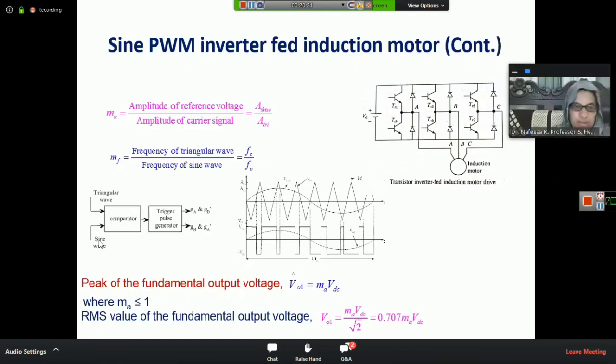The output of the comparator is given to the transistor switches for controlling.